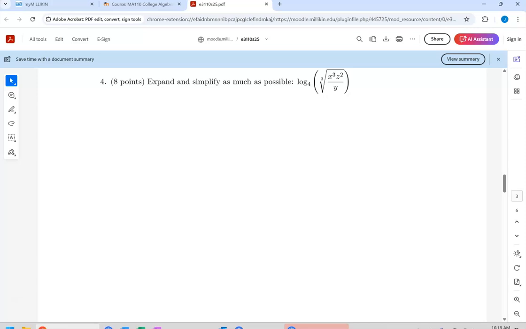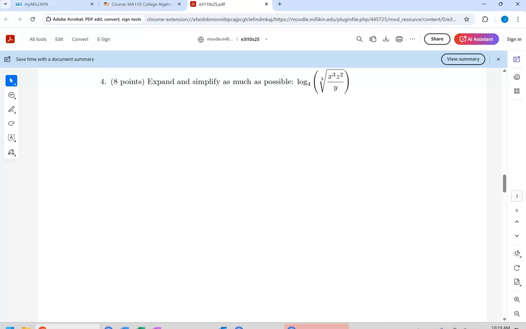So 4 is about breaking up logarithms using the properties. If you have a log of a product, how can you rewrite it? If it's a product, it turns into a sum. If it's a quotient, it turns into a difference, right?